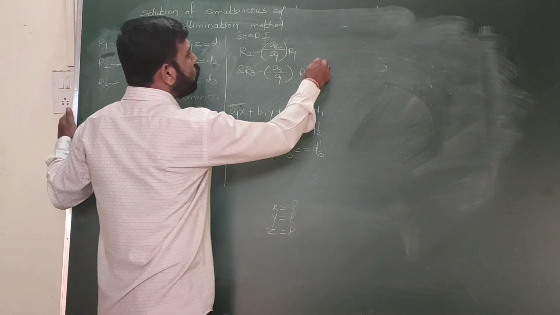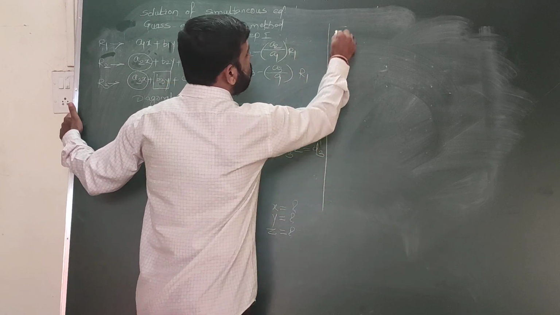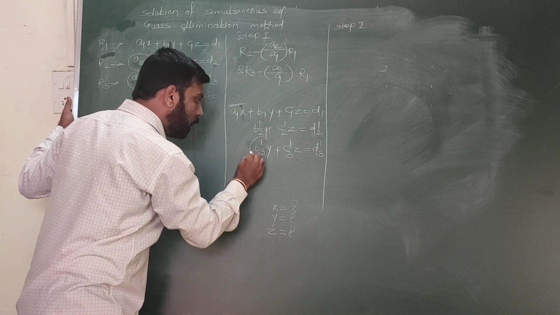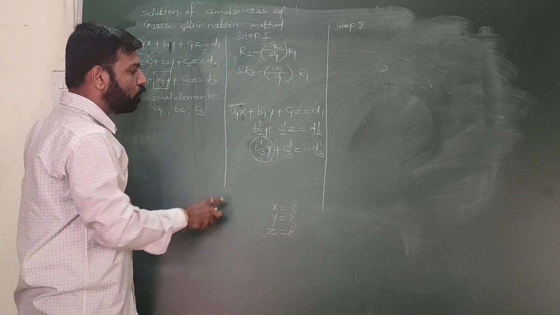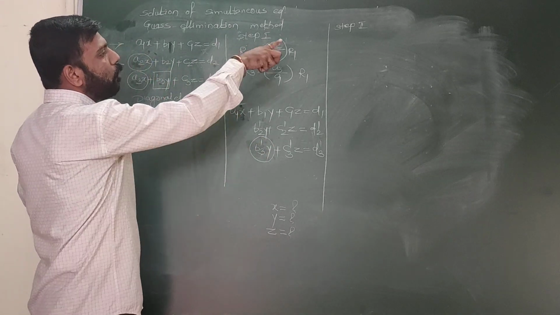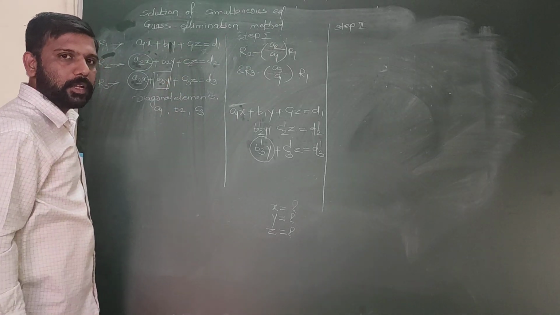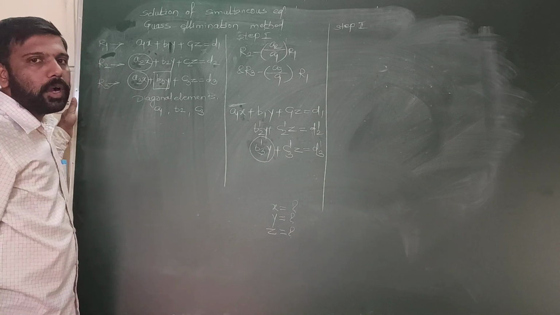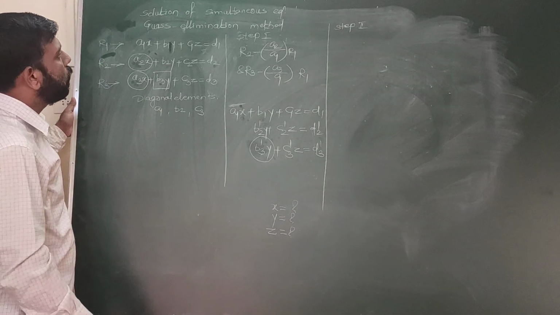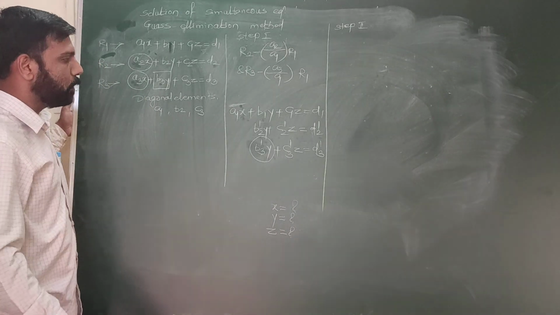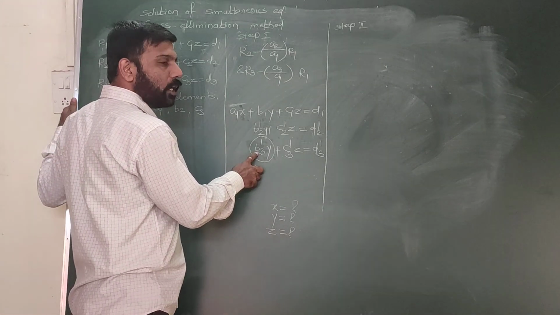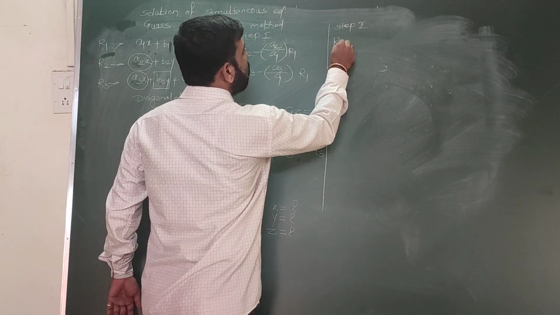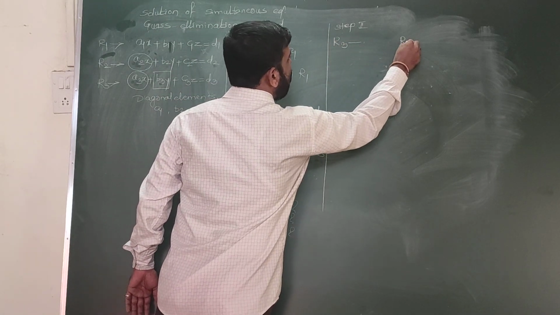Now in step 2, only one element remains to be made 0, so we'll make this element 0, then our procedure of Gauss elimination method is completed. We are reducing the given system into upper triangular form, and that is our Gauss elimination method. Now we'll write down a general operation to make this element 0, R3 minus R2.